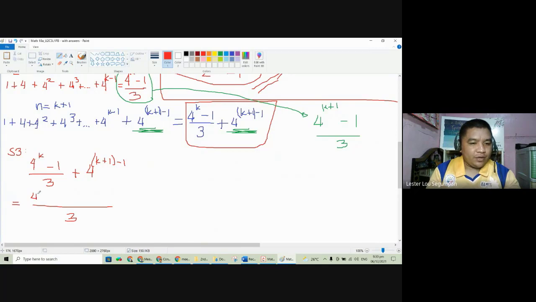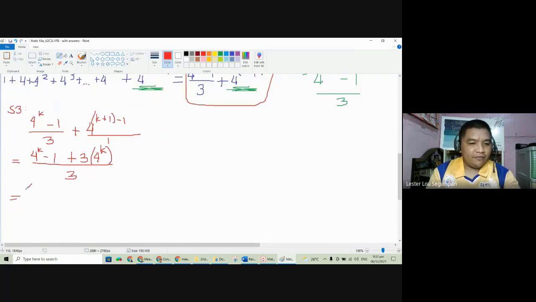So we'll have 4 to the power of k minus 1 plus, all over 1 as we all know, 3 times 4 to the power of k. And since we have 1 minus 1, we'll have that expression. So to rearrange this, you have 4 to the power of k plus 3 times 4 to the power of k minus 1 all over 3.